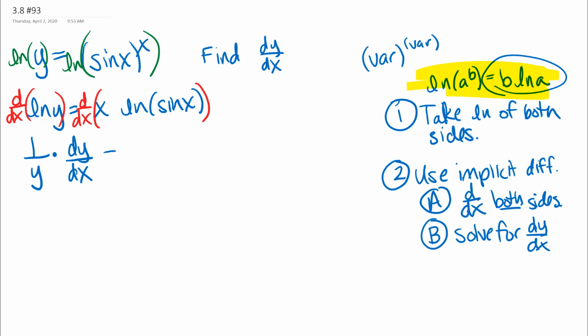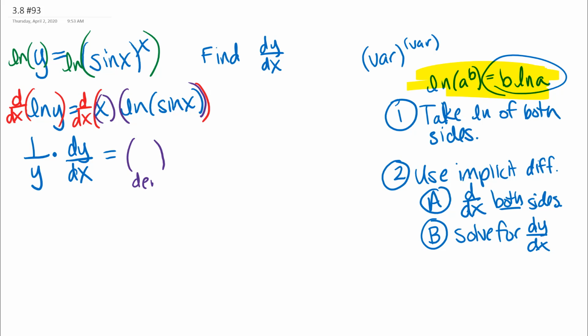On the right side, notice I don't have any y's. The right side is just going to be an ordinary derivative. I do have some product rule and some chain rule on that right side. With x times ln of sine of x, I have the product rule, and for the ln of sine of x I'm going to have some chain rule. Because the right side is a little bit complicated, I'm going to set up a structure for my product rule and chain rule.